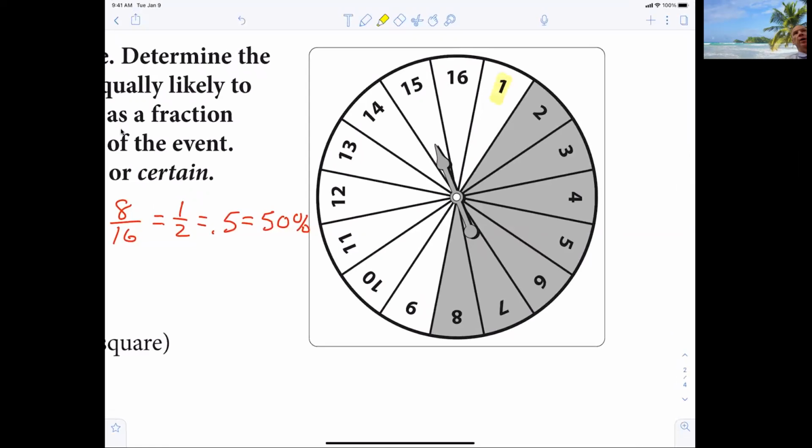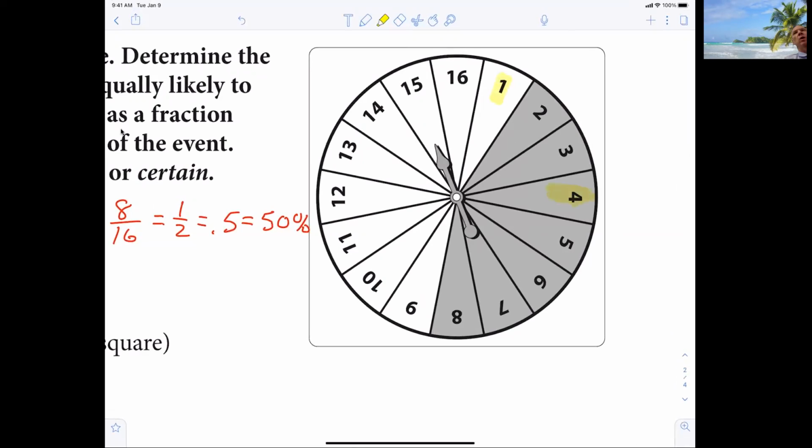Is 2 a perfect square? No. Is 3? Is 4? Why is 4, Ashley? That is exactly correct. 2 times 2 is 4, so that works. Somebody else tell me what's the next perfect square in this wheel?